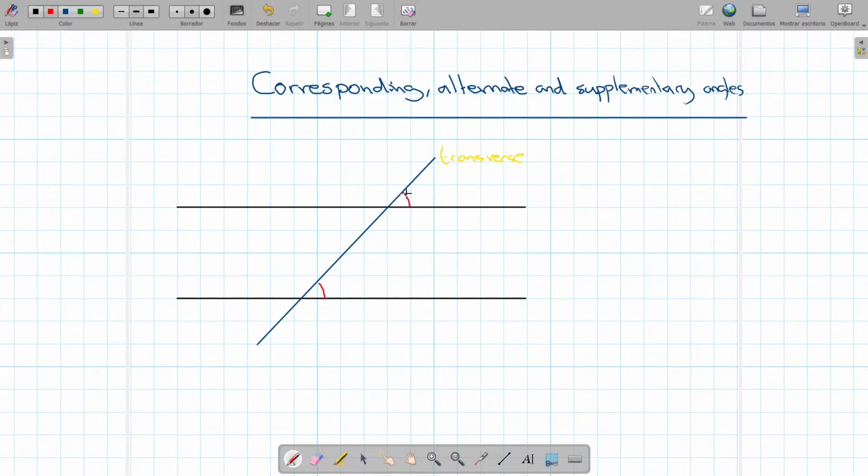As you see, they're in the same position with respect to the transverse line. So those are corresponding angles. And they're also equal.